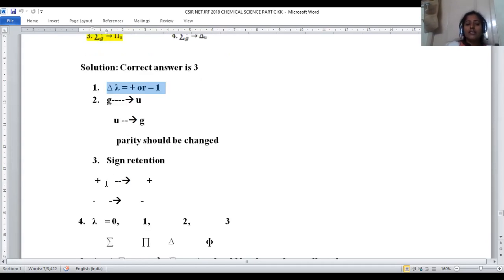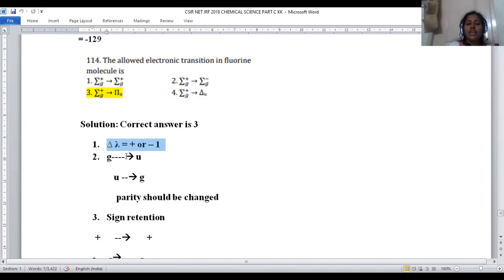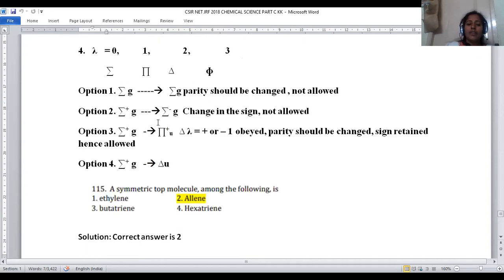So plus to plus, that means sign retention, plus to plus only, otherwise minus to minus. That's why sign retention is there in this. And gerade to ungerade, parity is changed. That's why it is also allowed. All the selection rules got obeyed by this option number 3. Hence, option number 3 is the right answer for this electronic transition of fluorine molecule.